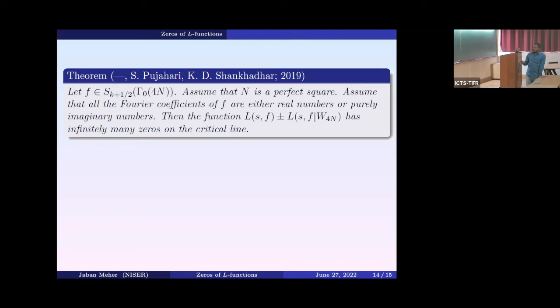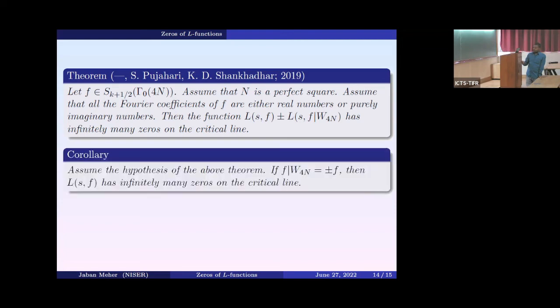Okay, so here we generalize it to 4N, and another kind of generalization is that we prove it for this L-function, L(s, f) plus or minus, either plus or minus. So this has infinitely many zeros on the critical line.